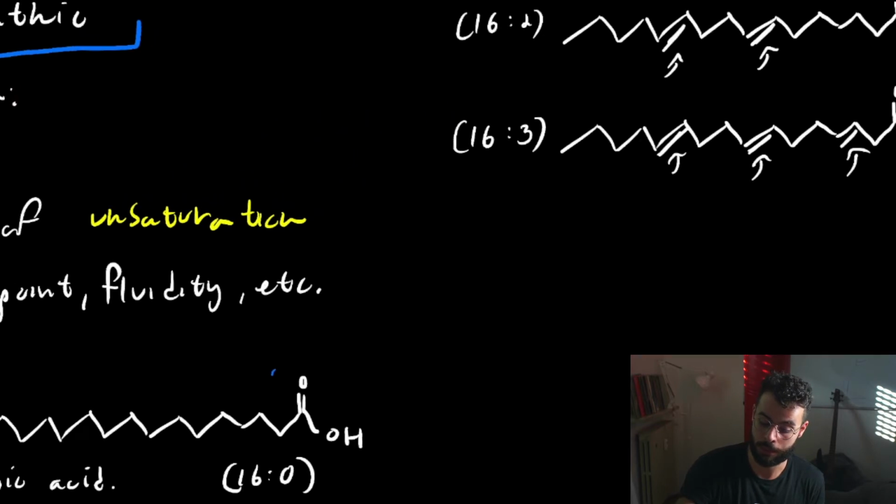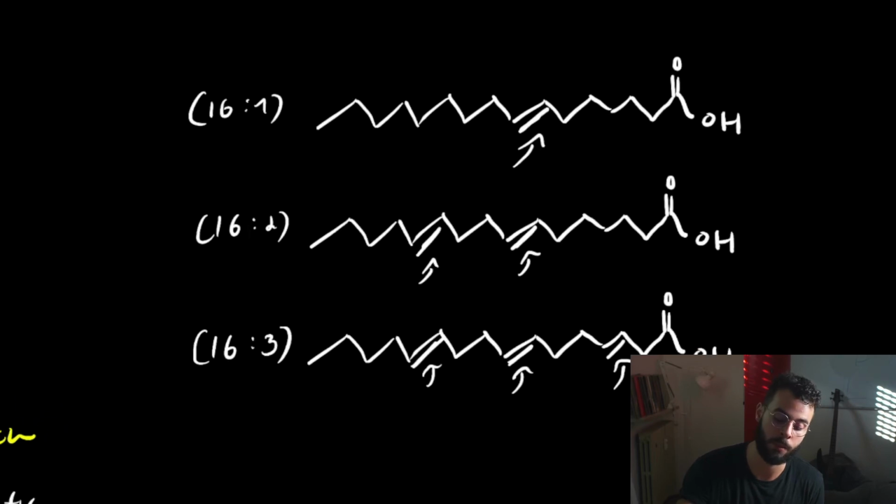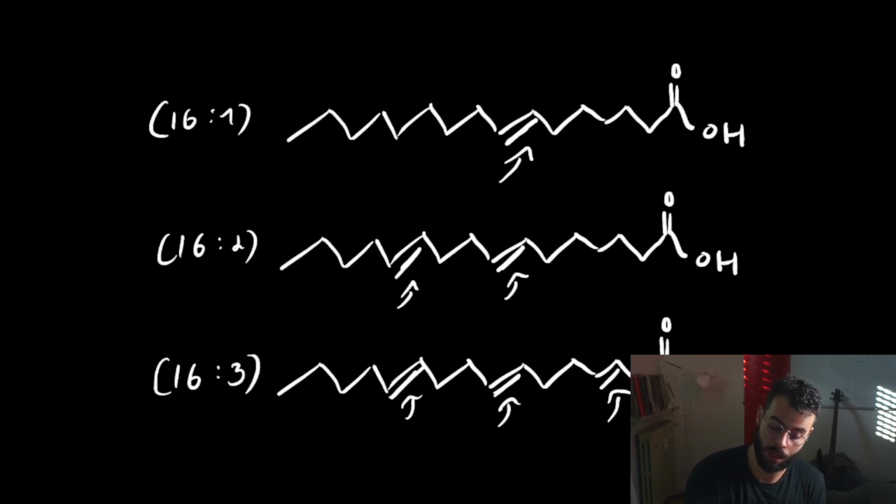But if I take, for example, the following 3 fatty acids that we are going to name in a few seconds, you will see that you have 1 double bond, or here you have 2 double bonds, or here you have even 3 double bonds. The degree of saturation helps us to define the name of the fatty acid, and also assume its properties.